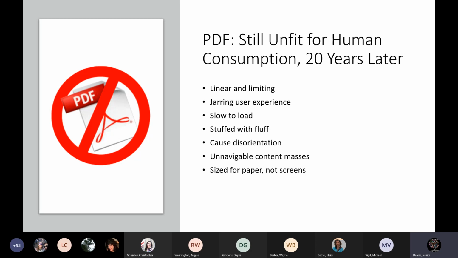But in a PDF, those techniques aren't always used, and content creators tend to favor quantity of content over quality and formatting. And this often leads to overwhelmingly long PDFs.